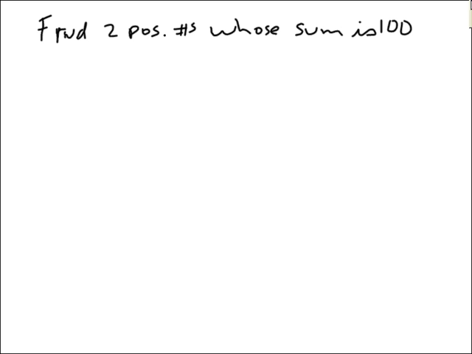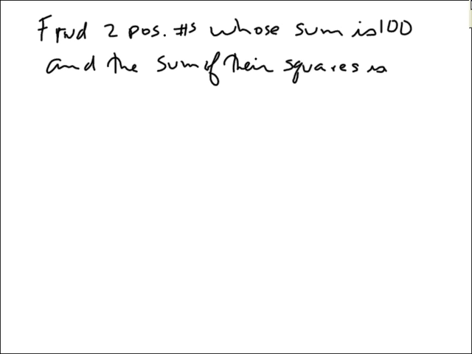Those are pairs that add up to 100. But we have another constraint: the sum of their squares is a minimum.